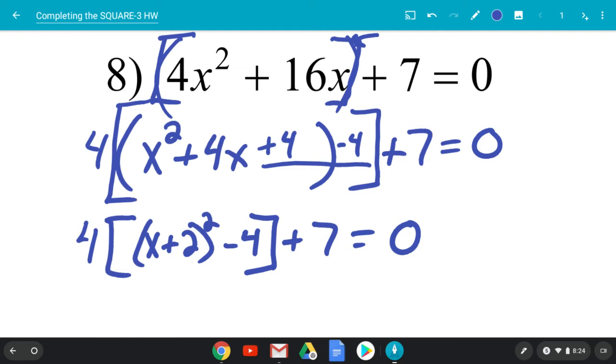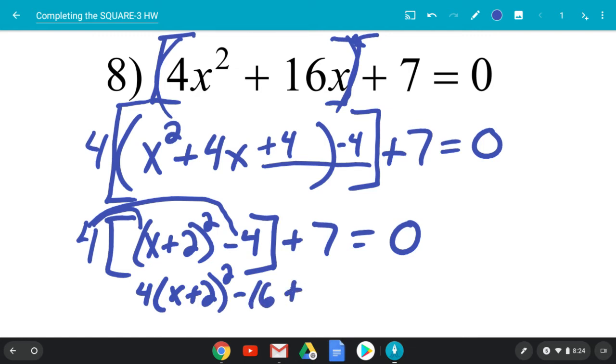I got to distribute that 4 over that bracket, so I got to multiply it there and there. So where I have 4 times x plus 2 quantity squared minus 16 plus 7 equals 0.